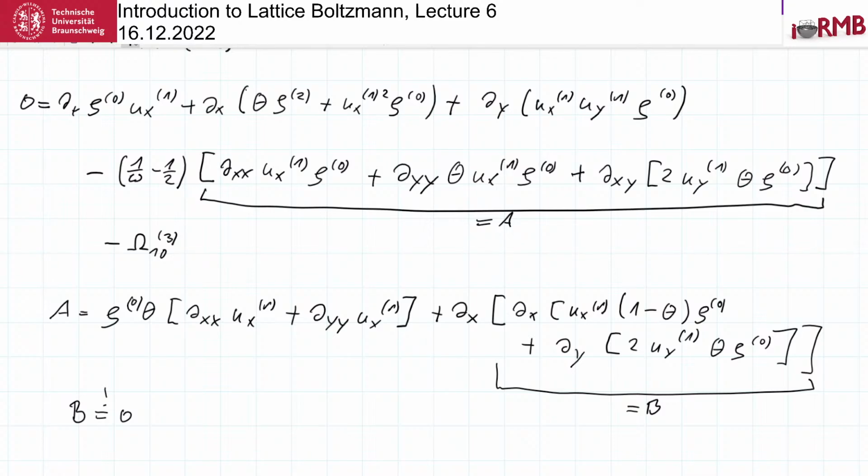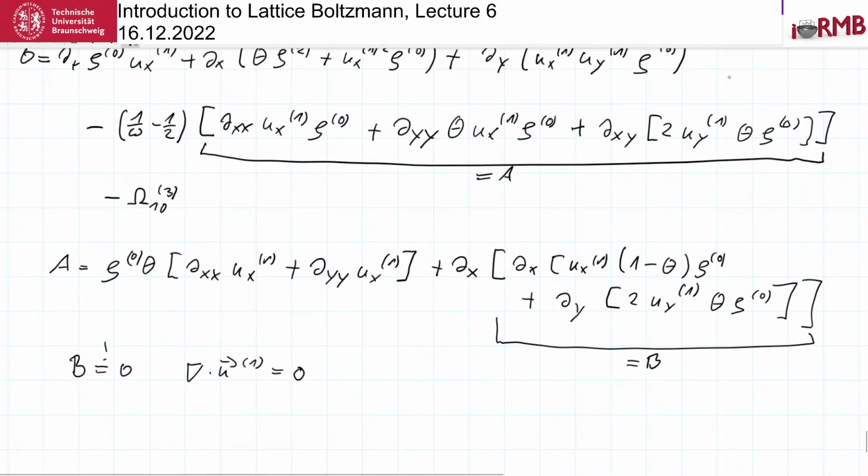We have a dx ux and a dy uy. And we know from the previous equation that we derived, the divergence of u to first order is equal to 0. And now that would help us if these prefactors that appear in the equation, which is 1 minus theta on one side and 2 on the other side, would be the same.